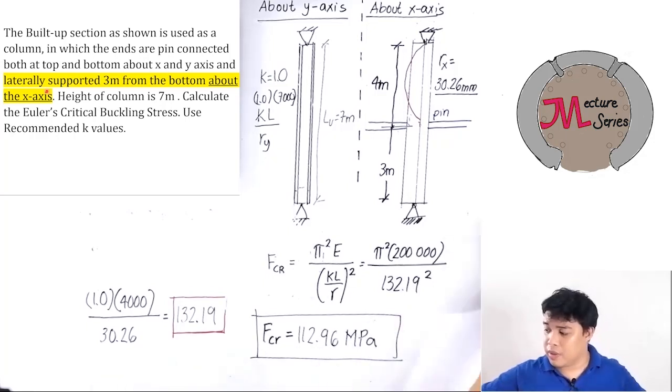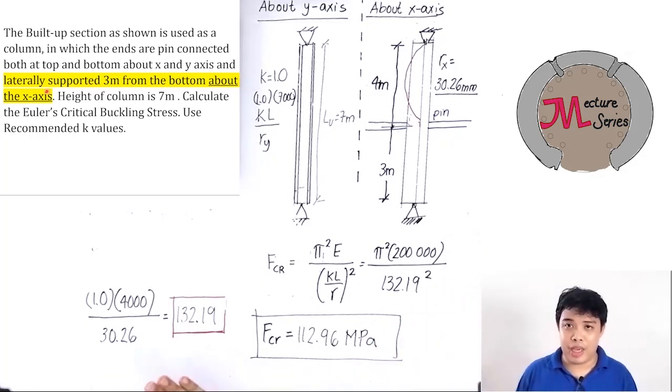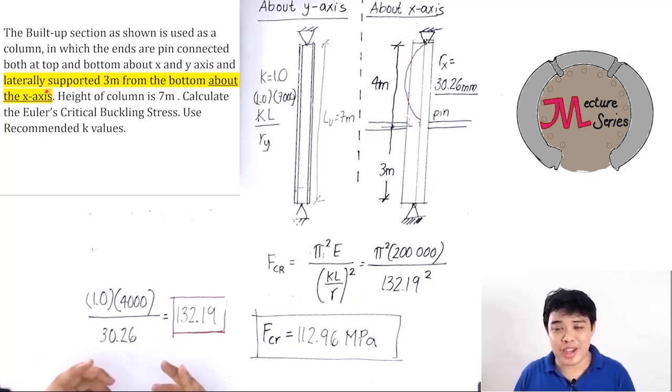You can actually practice it by searching for other built-up section problems in which you are going to get the critical slenderness ratio. I hope, guys, you learned something in this video. The next lecture that I'm going to present here is what about if a certain section is an unsymmetrical section?